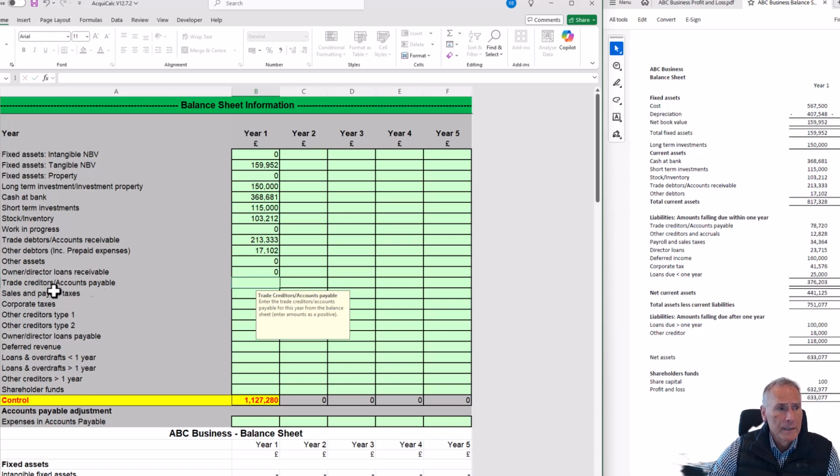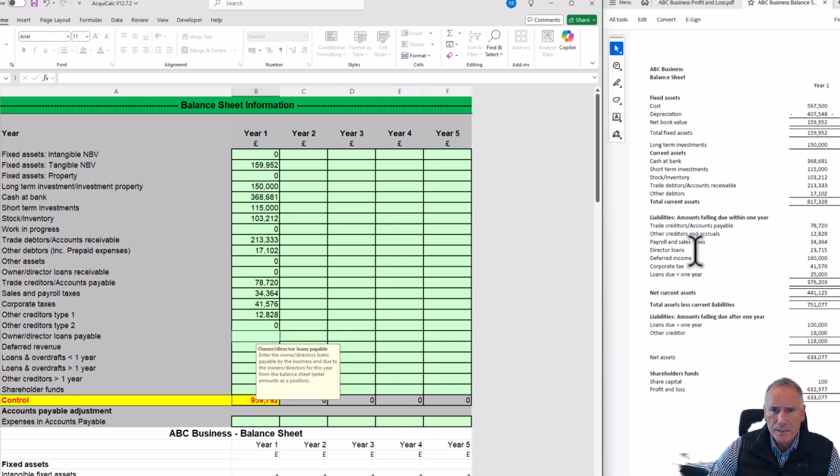Nothing for that. Then we've got trade creditors or accounts payable, which are 78,720. Sales and payroll taxes, 34,364. Corporation tax, 41,576. Other creditors, we do have some other creditors of 12,828. Nothing in there.